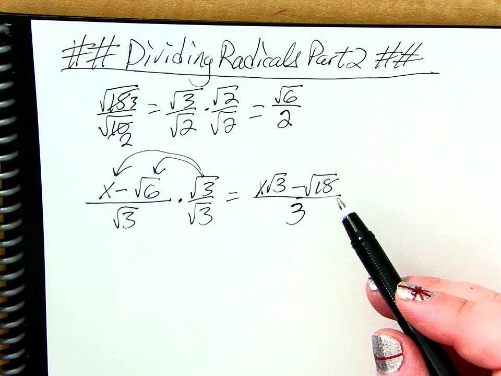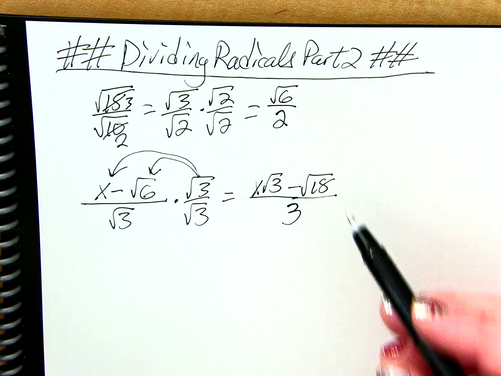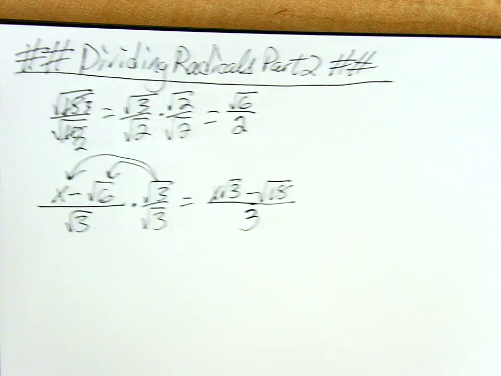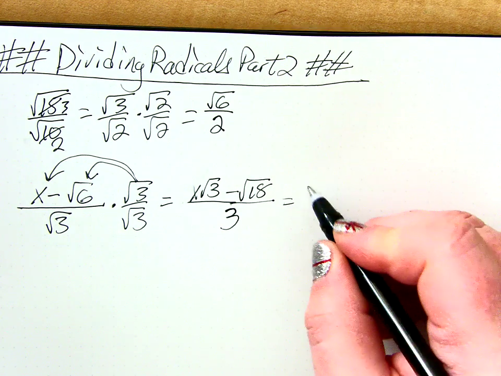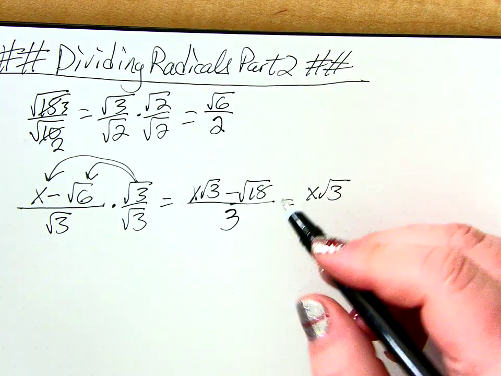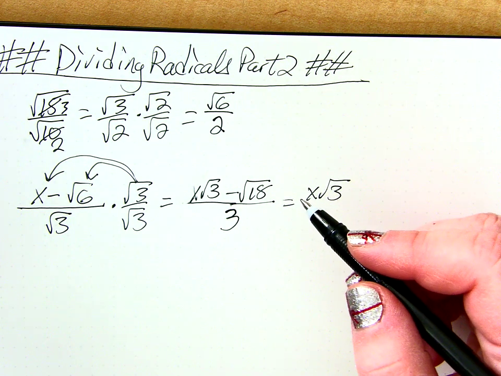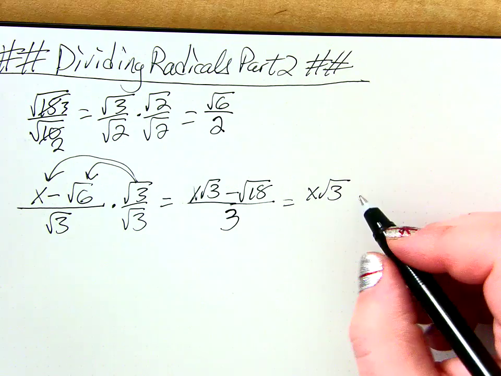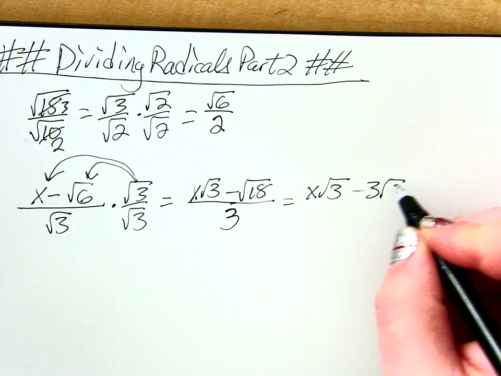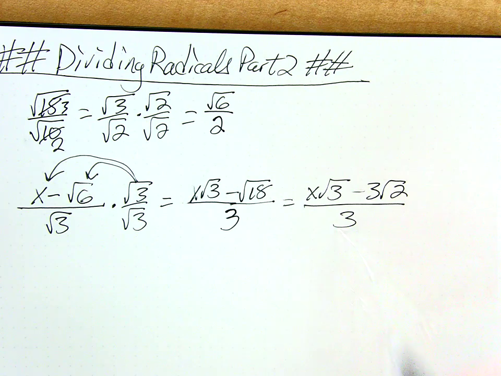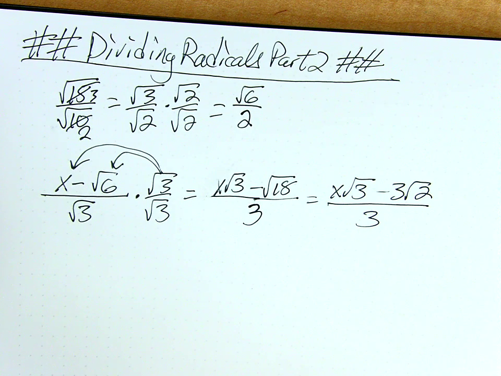I do have to fix the square root of 18 because it does have a perfect square that goes into it, right? So wouldn't square root of 18 split into 9 and 2, so that's 3 root 2. And there's my final answer. So if I have a binomial on top, I just have to make sure that I distribute to both.